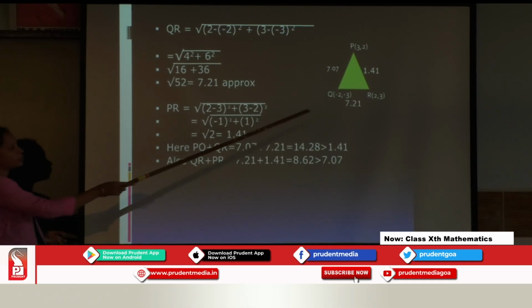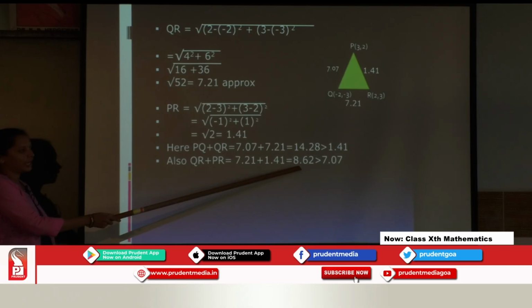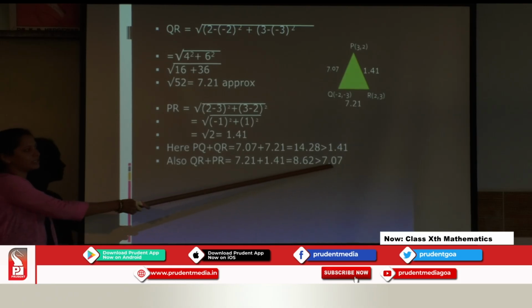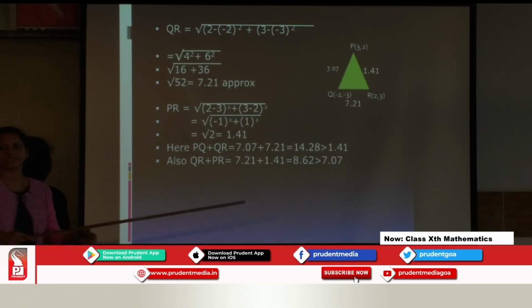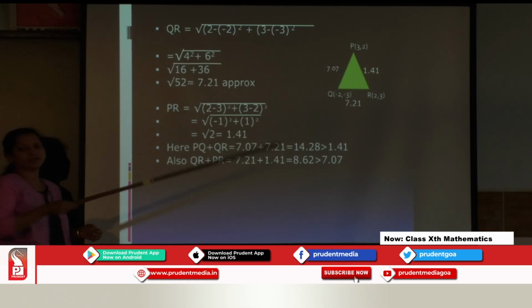Also QR plus PR, that is 7.21 plus 1.41, is equal to 8.62, which is greater than 7.07. So it satisfies the condition that the sum of the lengths of any two sides of the triangle is greater than the third side. So that's why PQR is a triangle.